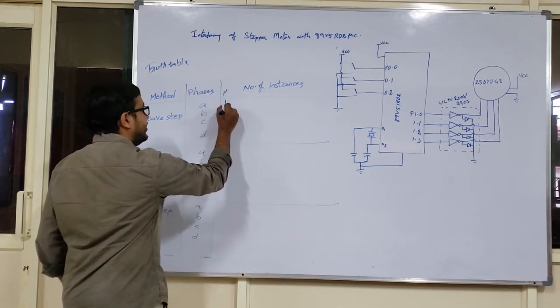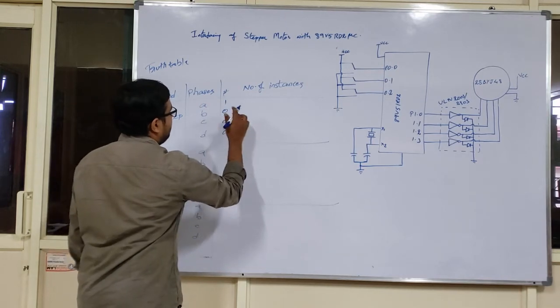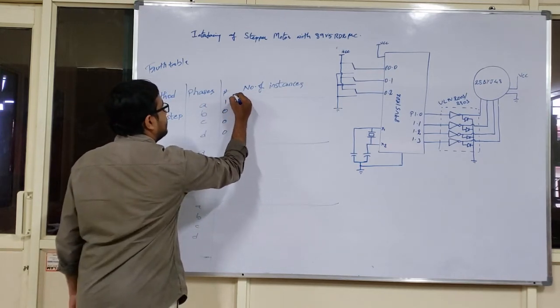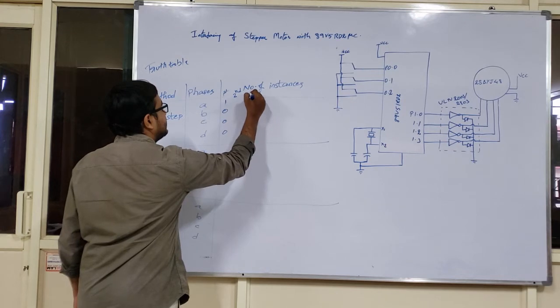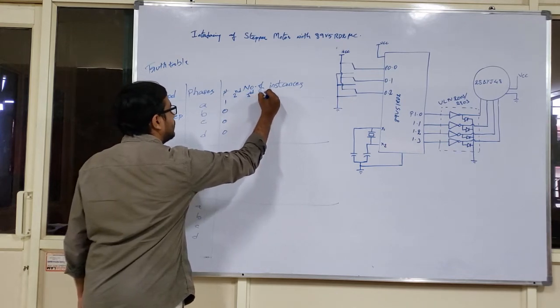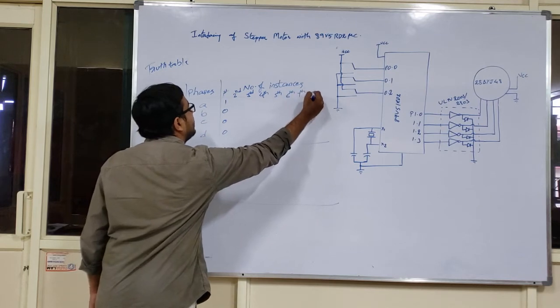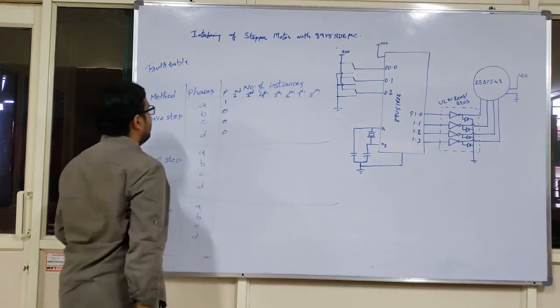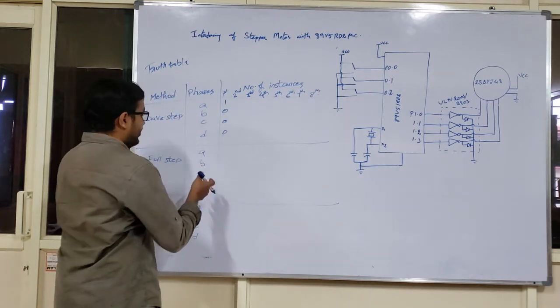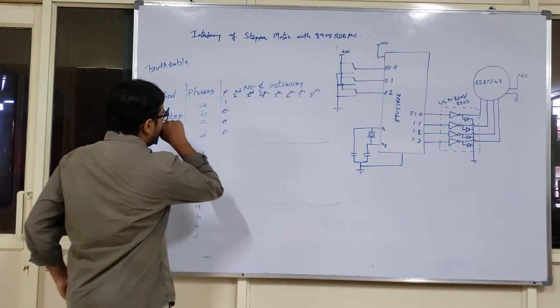Only A phase is getting energized. And this is the second pulse, or the second instant, third instance, fourth, fifth, sixth, seventh, eighth. Let me complete the wave step, and next we will discuss full step and half step.